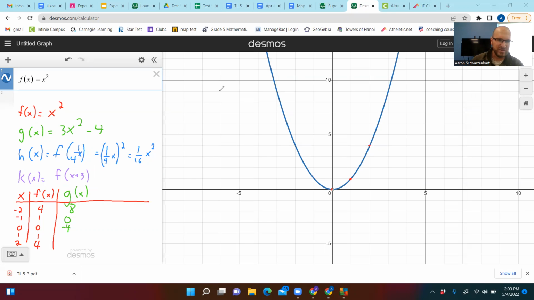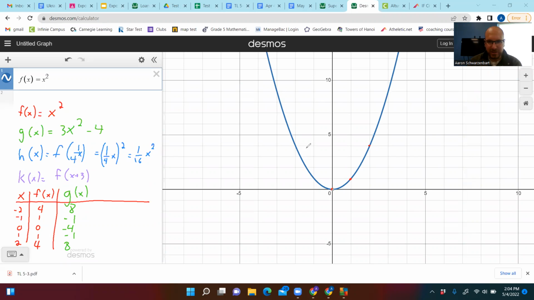Oops, 3 times. My bad on this one. I erased too much on that one too. Okay, hold on. 3 times 1 is 3 minus 4 is -1. 3 times 0 is 0 minus 4 is -4. 3 times 1 is -1 and 8.